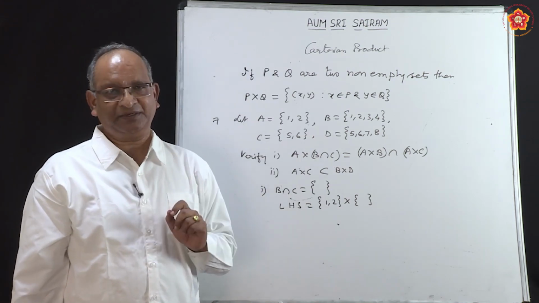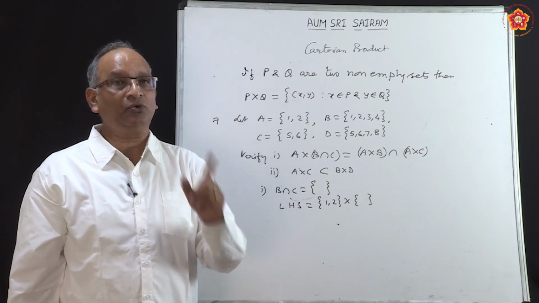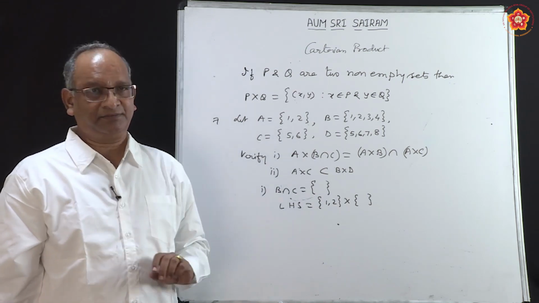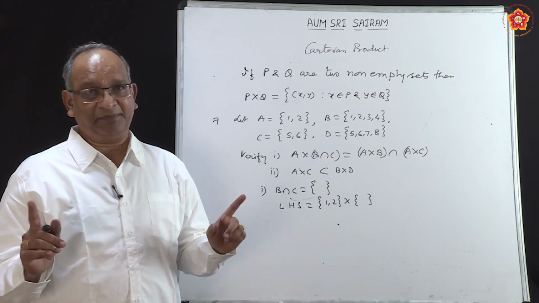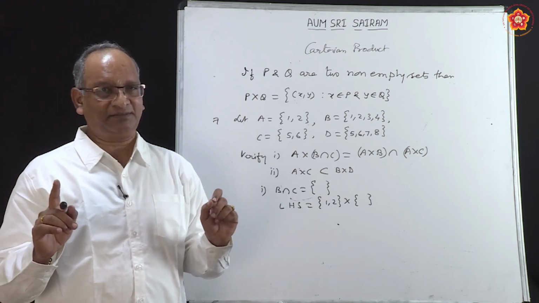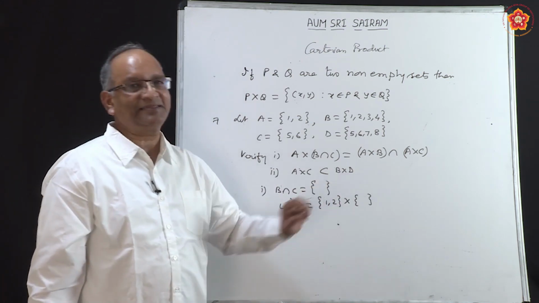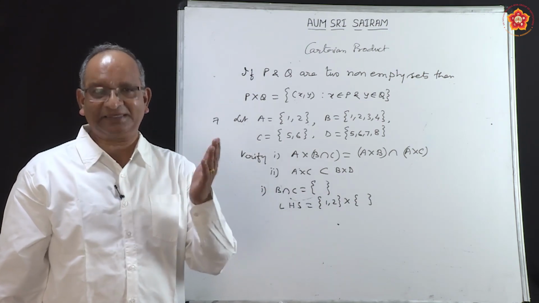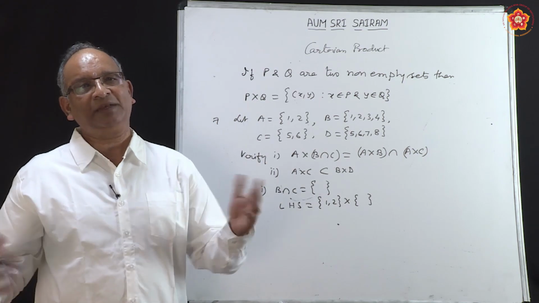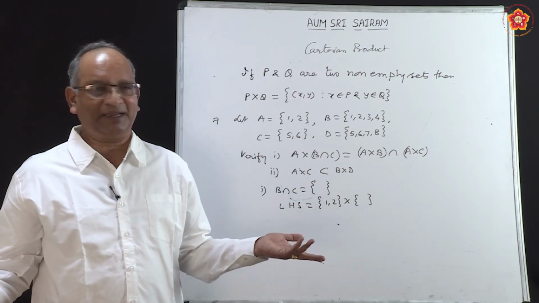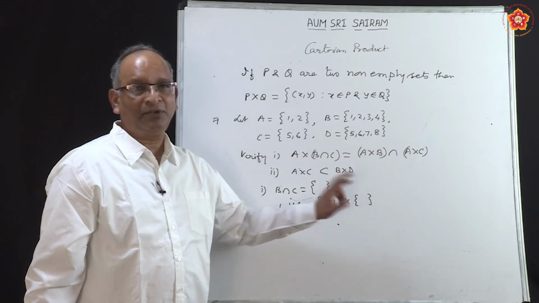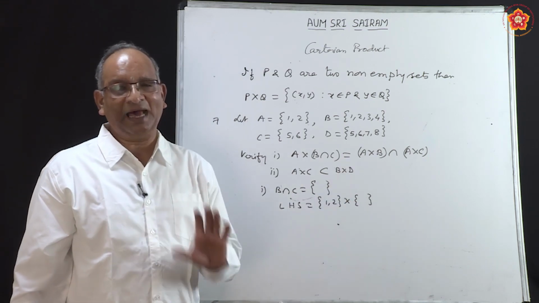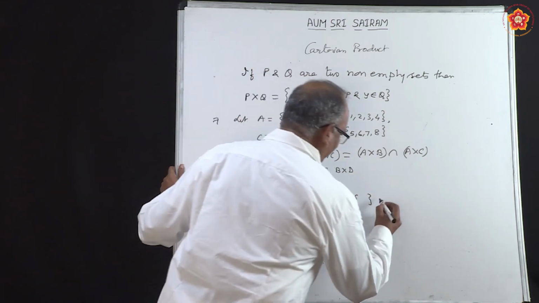If P and Q are two non-empty sets, both should be non-empty, meaning they must have some elements, whereas here the second set is an empty set. What happens if we take the Cartesian product of a set with an empty set? You will get an empty set. You don't need to multiply anything because there is no element to make pairs. So the answer is a null set. This is the left hand side.